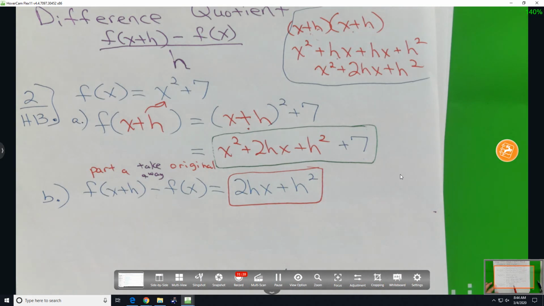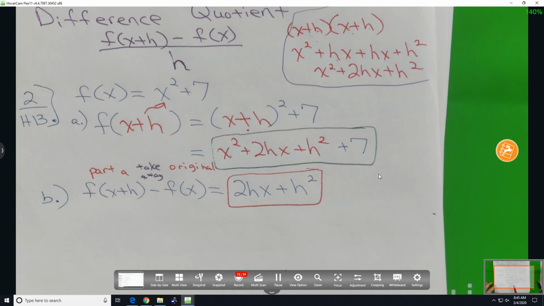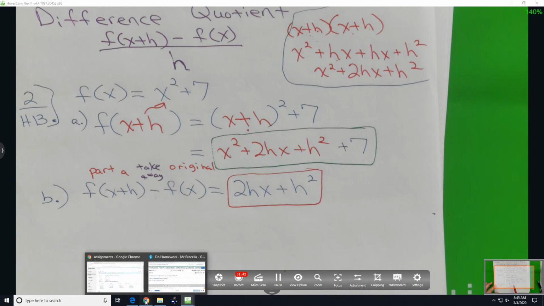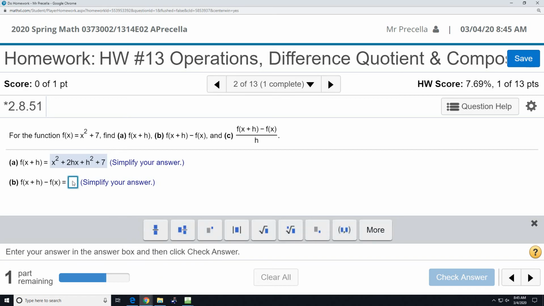Just remember for part B, f of x plus h minus f of x, you only have the terms containing h remaining. So let's go type in that answer. What was that answer? 2hx plus h squared.